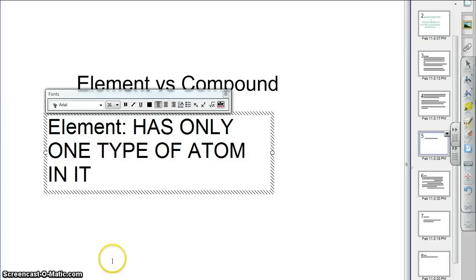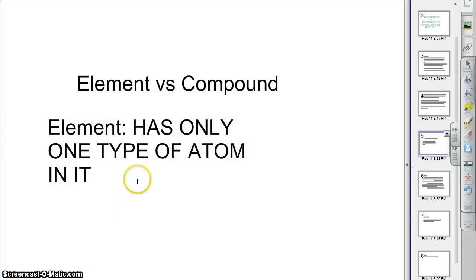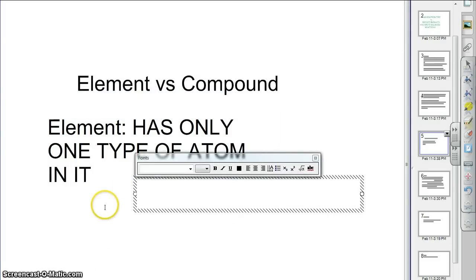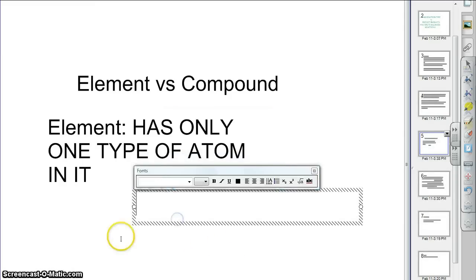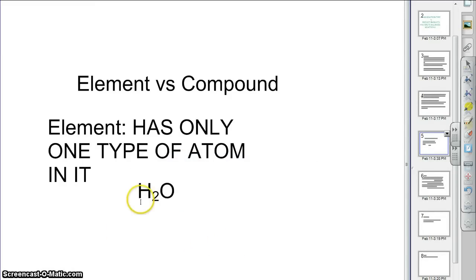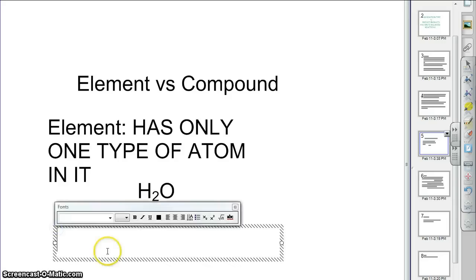So if I were to come across H2O, that is not an element. I can't do subscripts here. Yeah, I can. H2O. There we go. That's not an element because it has more than one kind of atom in the formula. It has hydrogen and it has oxygen.